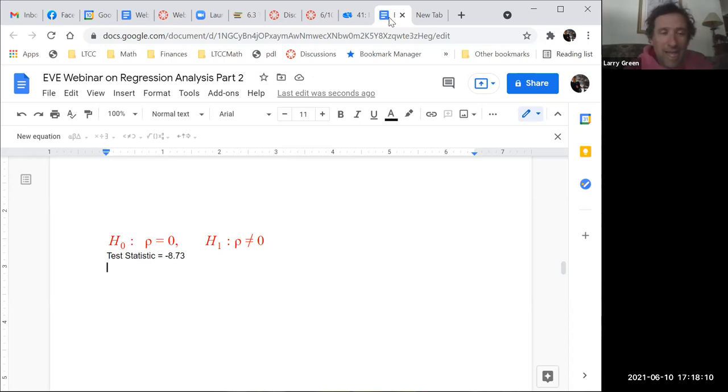Remember, negative 3 is an extreme outlier. Negative 8.73 means that it just couldn't even happen. It won't happen. That's almost like the chance of a Big Bang happening tomorrow. Not gonna happen.